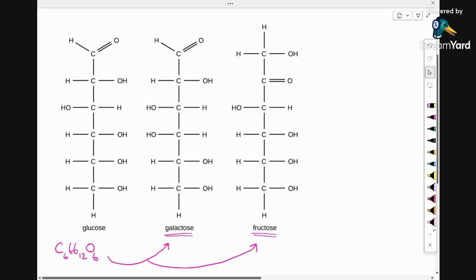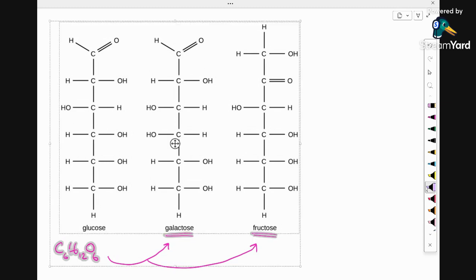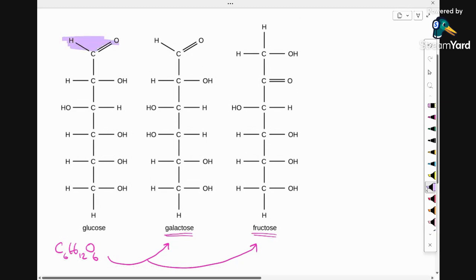The main point of the news here is to firstly highlight our functional groups. So you can see on glucose here, carbon 1, we have our aldehyde functional group. So this is absolutely an aldose sugar.